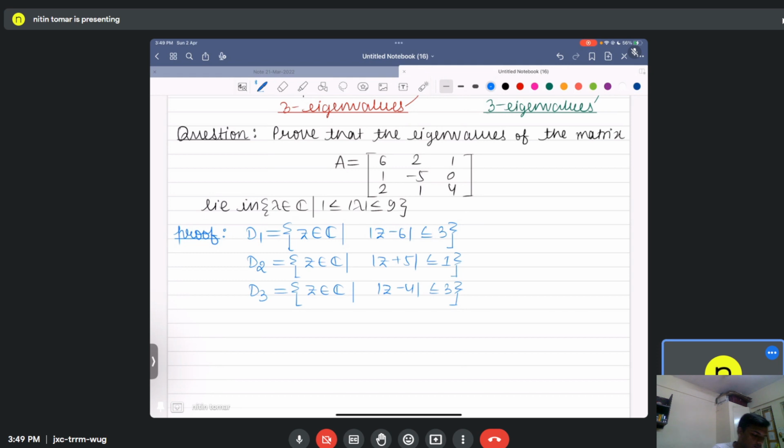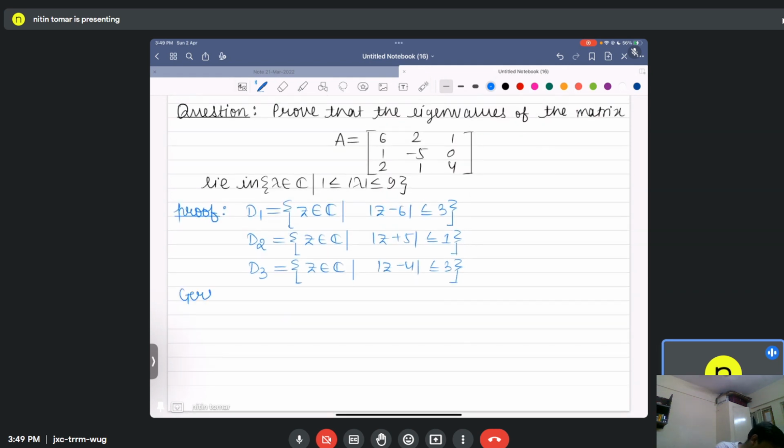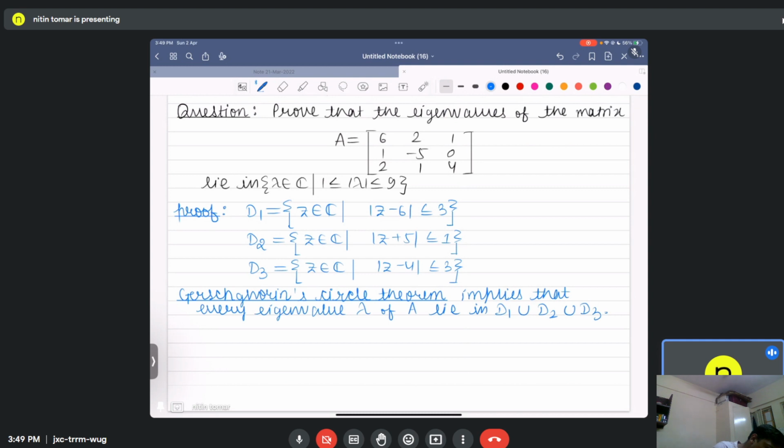So the Gershgorin circle theorem implies that every eigenvalue lambda of A lies in D1 union D2 union D3.